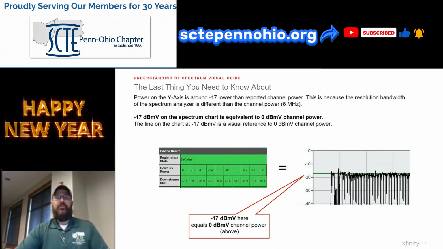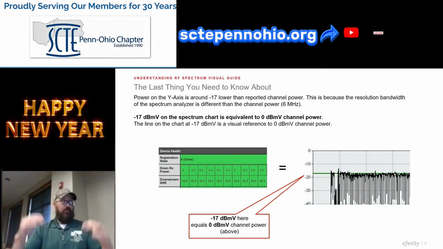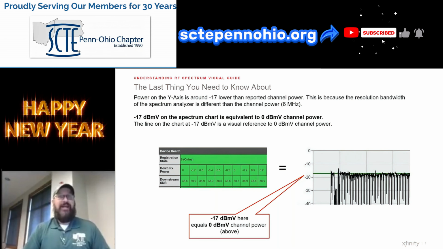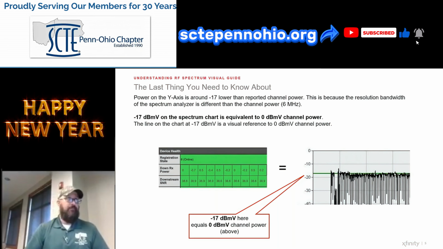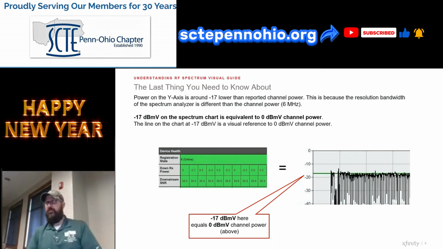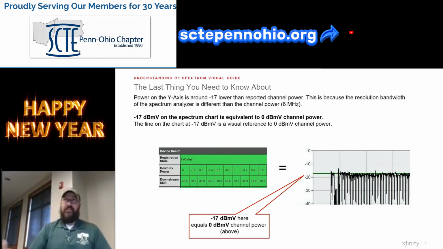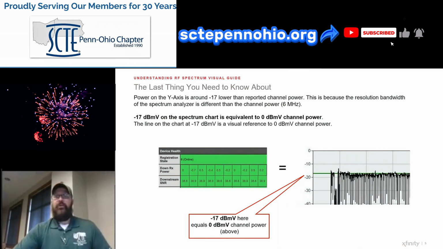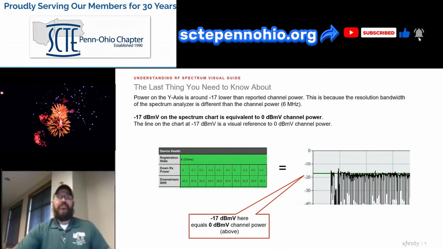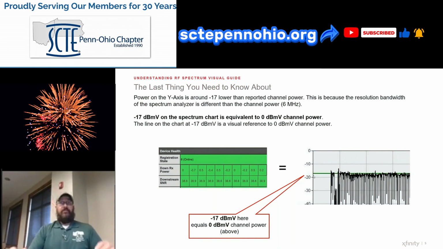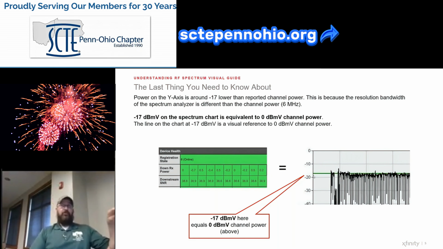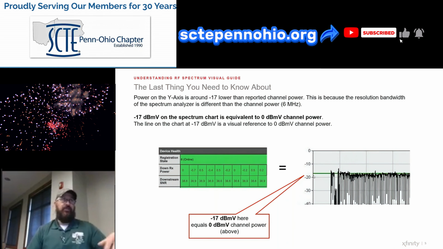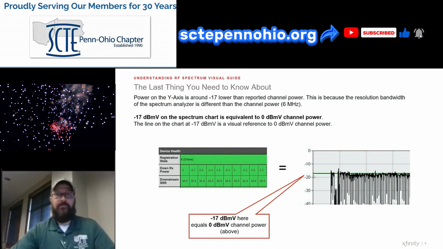Now, when we look at the visual representation of that tool, it actually shows on the vertical axis that the power is -17. So what's the actual receive power at the device? Is it 0 or is it -17? It's actually 0. So when you're looking at some of these screenshots, what you need to do is look at the amplitude or the vertical reference level and then add 17 to it to get the actual power at the device.